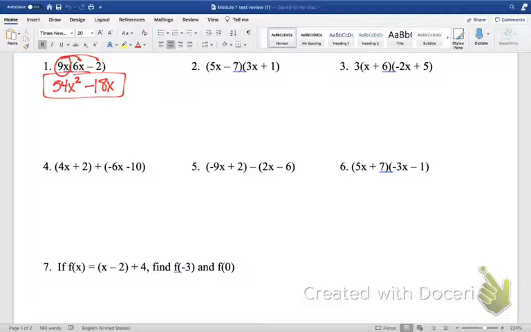For number 2, first we'll take the 5x and distribute it into both terms. So 5x times 3x is 15x squared, and 5x times positive 1 is positive 5x. Next, we're going to take the minus 7 and distribute it into both terms.